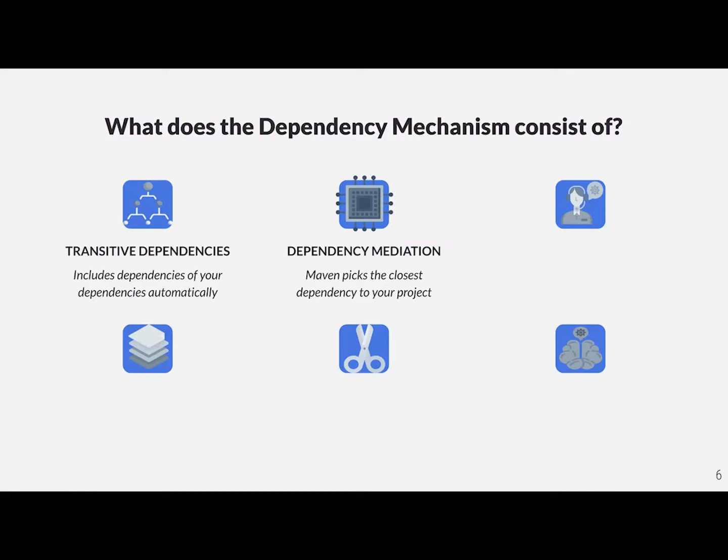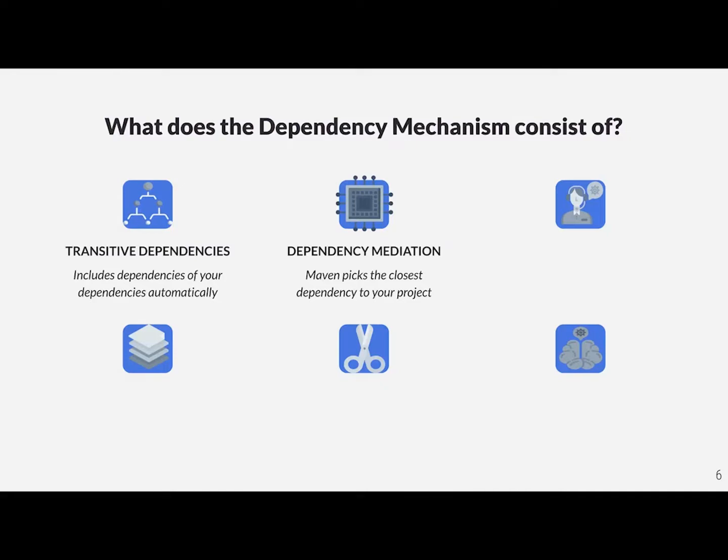What is the dependency mediation? If you have in your whole dependency tree more than one version of a certain dependency, let's say you depend on Spring Web and you have several dependencies of Spring Web in your modules you are depending on, then Maven picks the closest dependency to your project so that you don't have to fight to decide which version is going to be picked up.